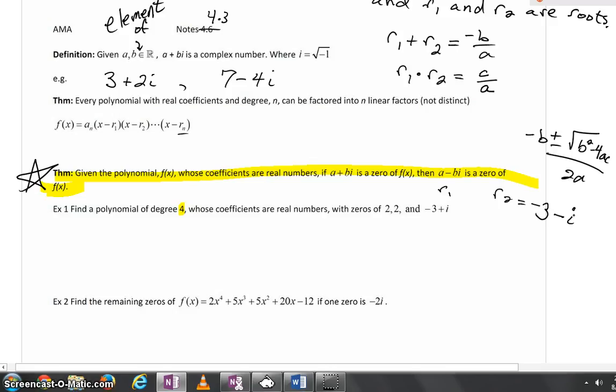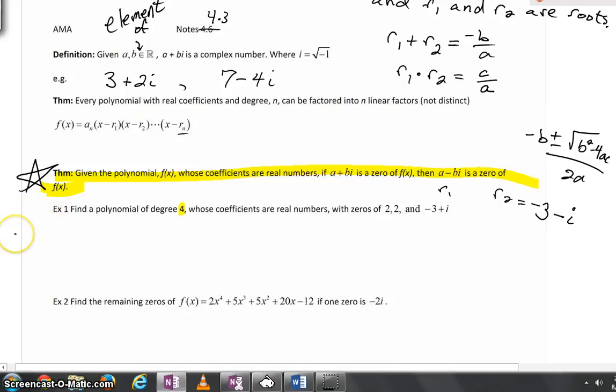If you have A plus BI, A minus BI must also be a root. So as soon as they give you one complex root, you've got a second one thrown in for free. Now, the author is suggesting that we painstakingly multiply all of that out, and that becomes quite intimidating. I'd like to suggest an easier way.